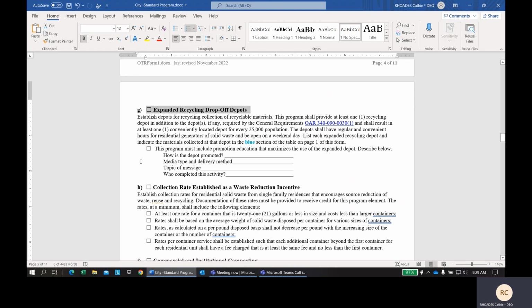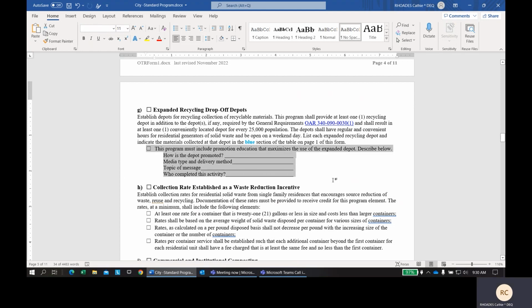So this depot would be in addition to that depot that is required by the permit. If you do this, you have to have at least one conveniently located depot for every 25,000 people. And it needs to have convenient hours and be open on a weekday, and one weekend day in a week.